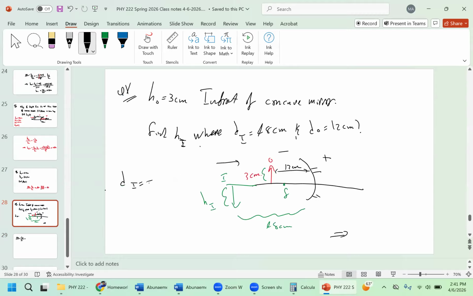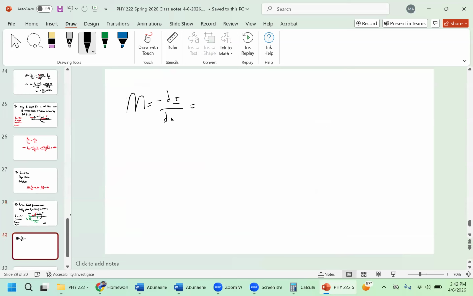That means the image distance is minus 48 centimeters, and the distance of the object is minus 12 centimeters. The height of the object is 3 centimeters, and the height of the image is what we need to find. So your DI over DO would be minus 48 divided by minus 12.